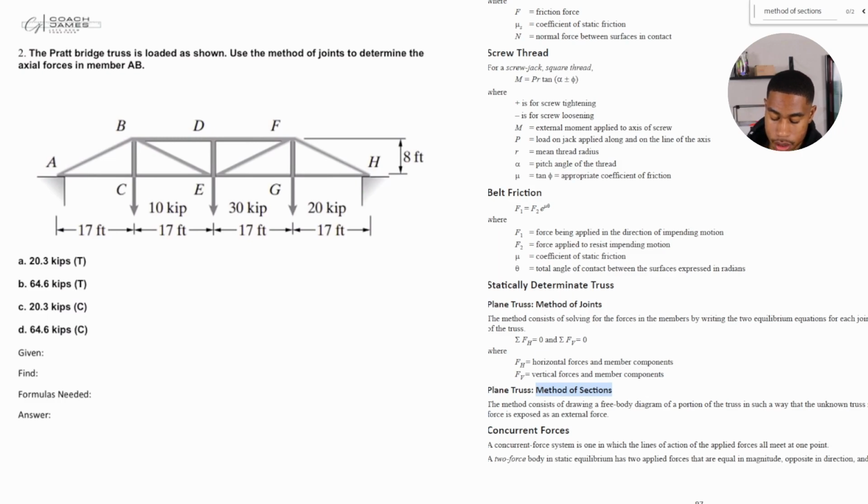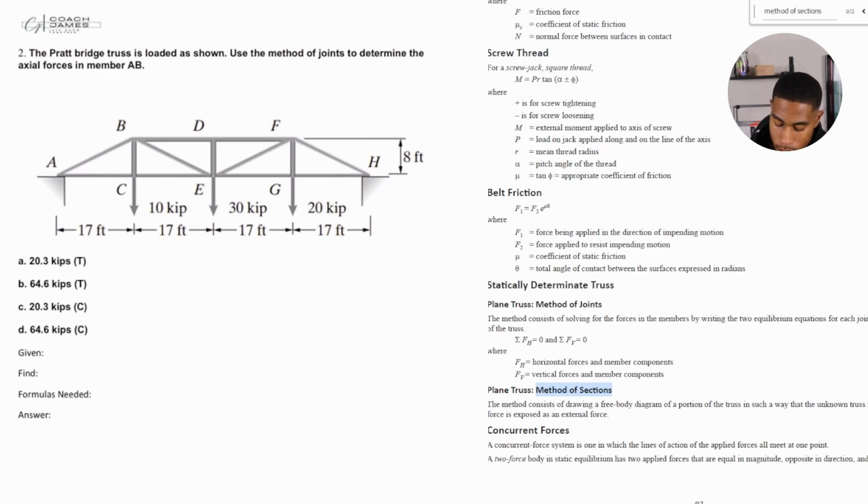All right. So this one says the Pratt Bridge truss is loaded as shown. Use the method of joints to determine axial forces in members A, B. Okay.